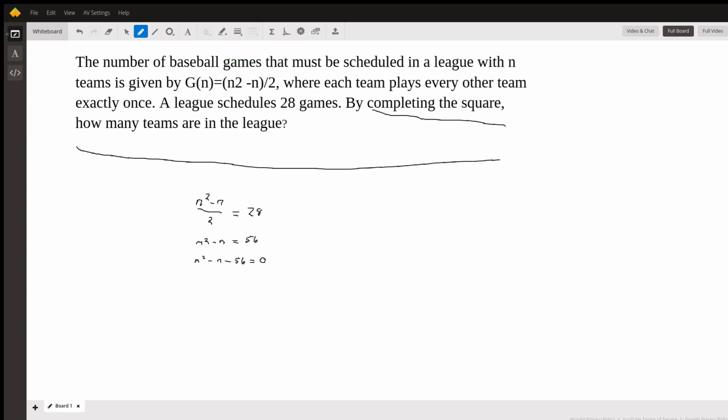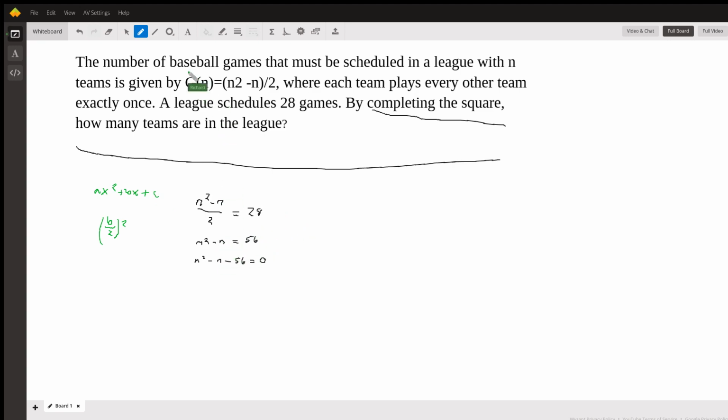Now, completing the square, the formula is b over 2 squared, where you're starting with ax squared plus bx plus c.